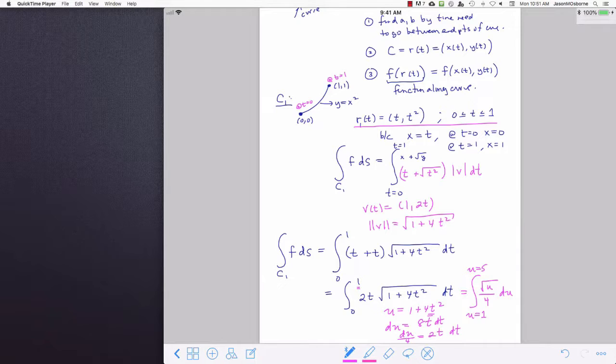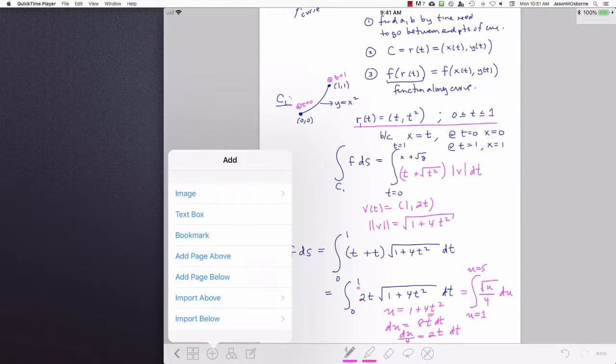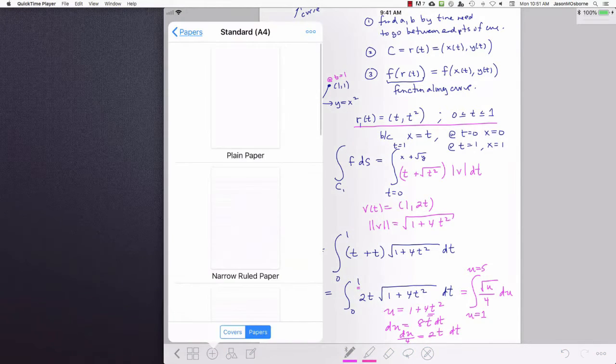So that's a pretty straightforward integral, from u equal 1 to u equal 5. Let's work it out on the next page.